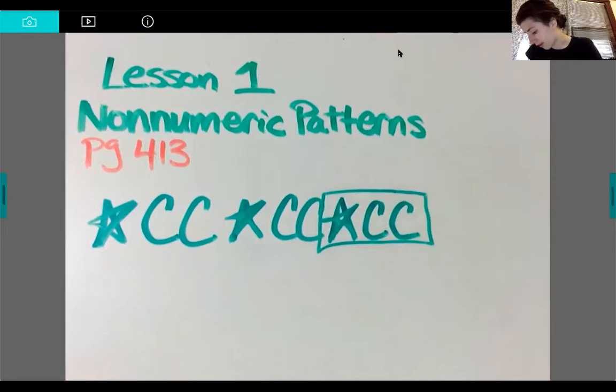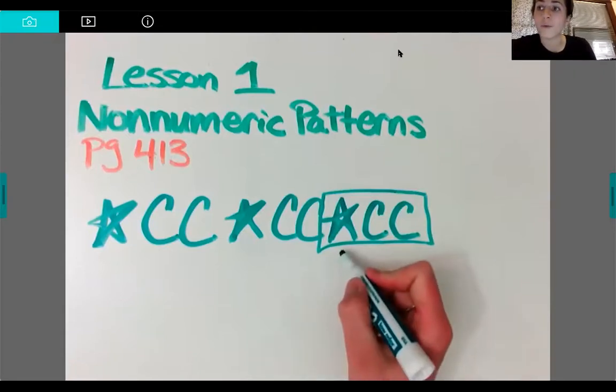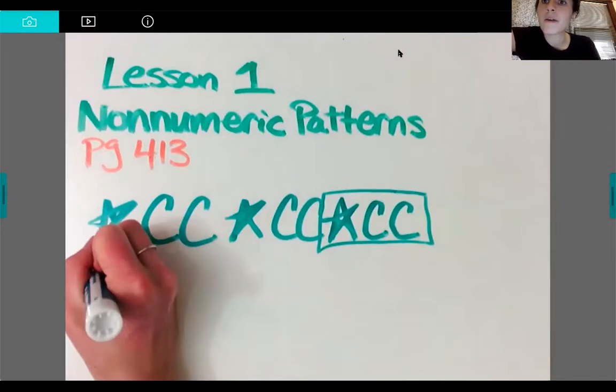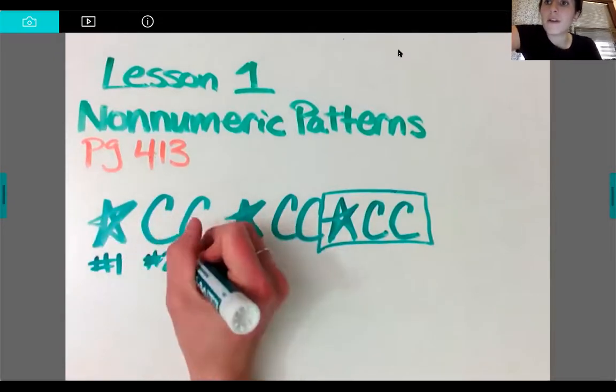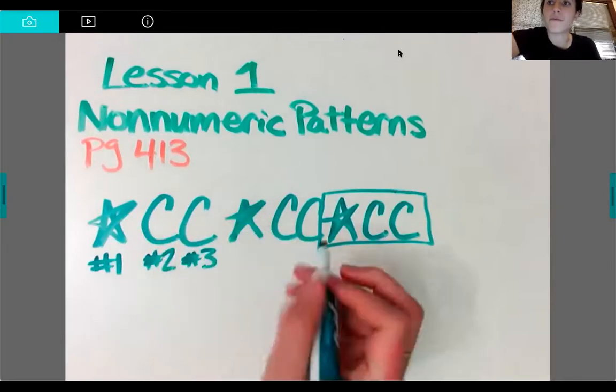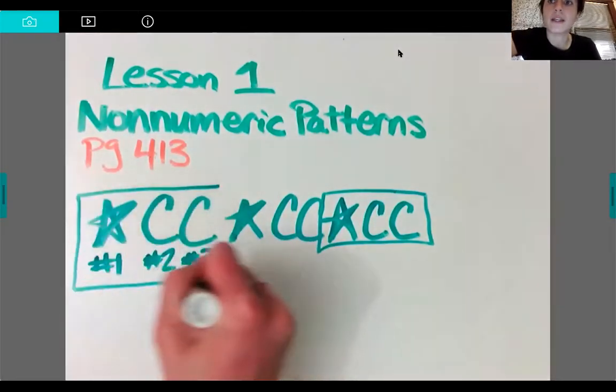So there are 3 figures in this pattern unit. Figure 1 is a star. Figure 2 is a moon. Figure 3 is a moon. That's my unit.